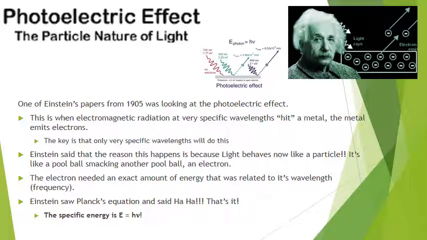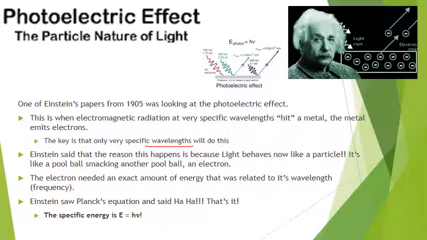There were some experiments that said if you took a metal and irradiated it with electromagnetic radiation, only certain electromagnetic waves, very specific wavelengths, will cause electrons to be emitted.